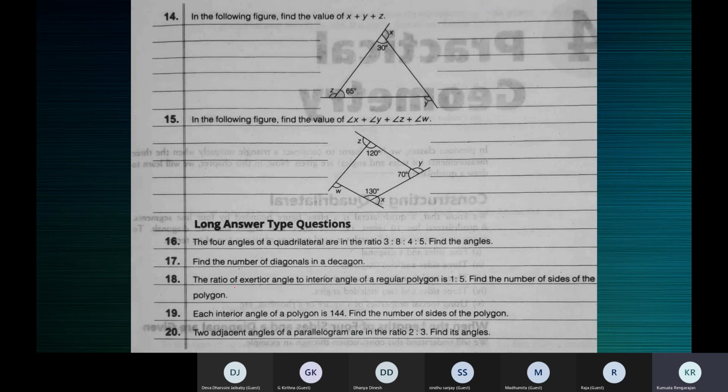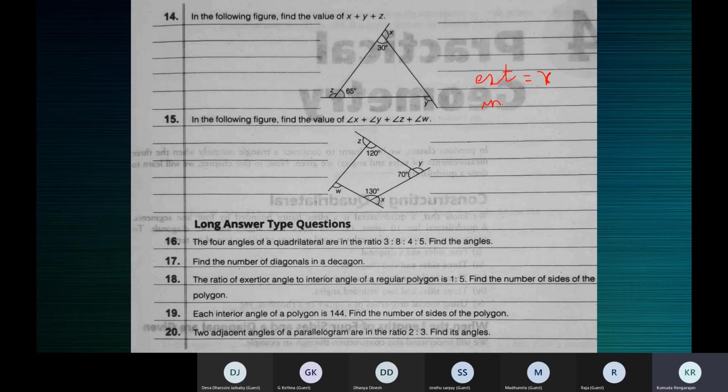So let's see how to work this. It's given that the exterior and interior angle are in the ratio 1:5. Let the exterior angle be x.